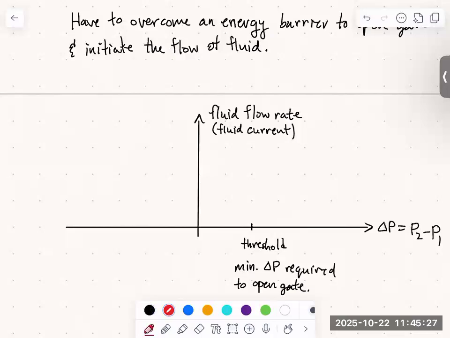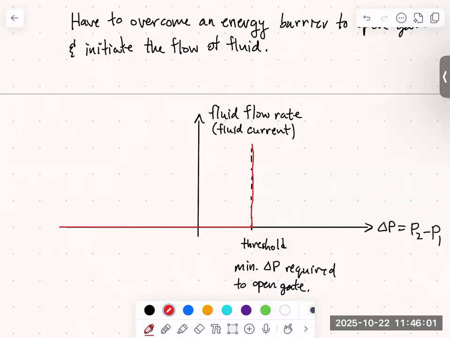Okay, so we know that anytime we are at a pressure difference that's less than this threshold, the fluid current is going to be zero. But then as soon as the gate opens, we have a rush of fluid from left to right. And so we get this kind of upward tick in the fluid current, and the current is going to be determined by other components that are downstream.